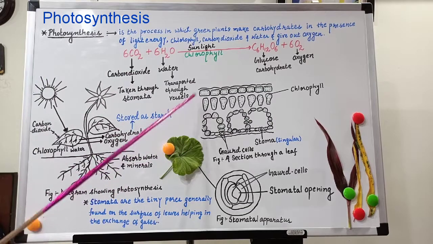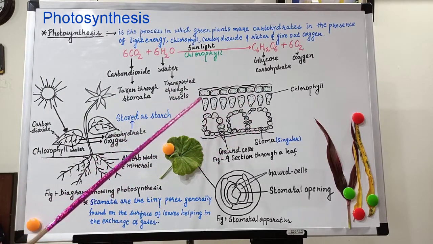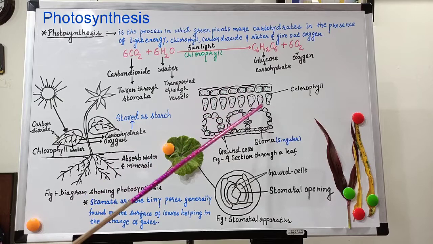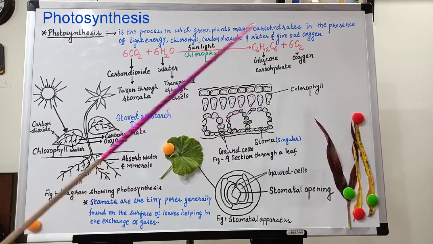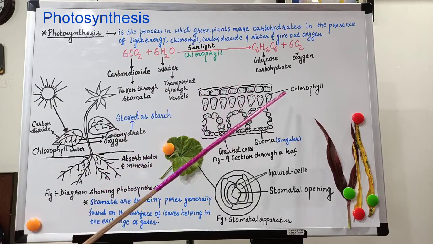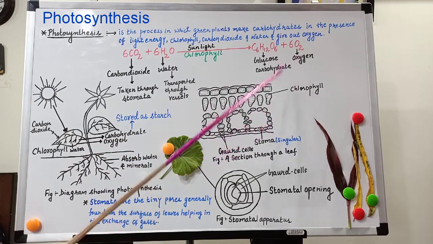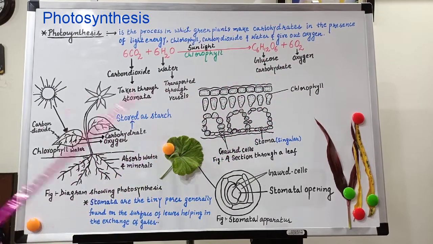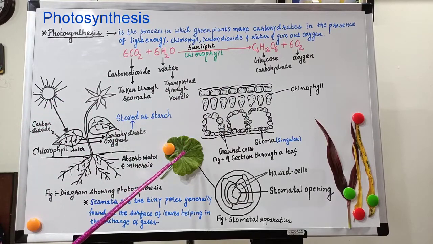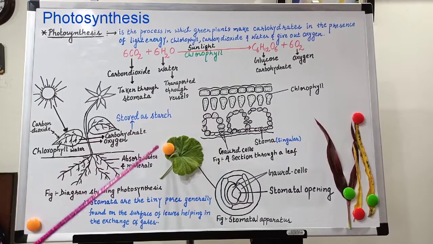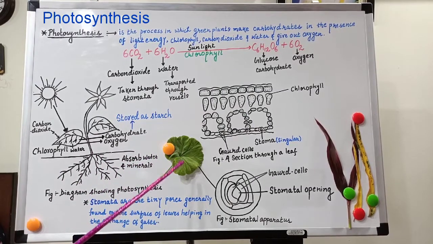If you look through a cross section of a leaf, you will find many dot-like structures inside the chloroplasts, and those dot-like green structures are called chlorophyll. So, chlorophyll is present in all the green parts of the plant. But the question is, why are the leaves called the food factories of the plant and not the green stems or the green branches?